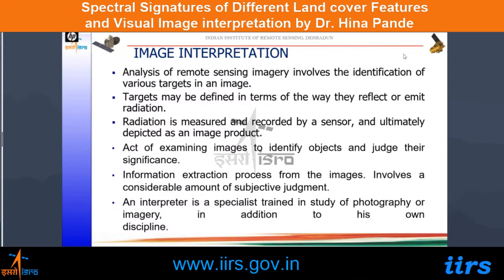So this would mean that if a feature, say a water feature, reflects more energy in a particular wavelength band, then we will see a bright feature in the image, a bright signature on the image, and vice versa. If it happens to absorb more in that region of the spectrum, then we will see a dark signature on the image.